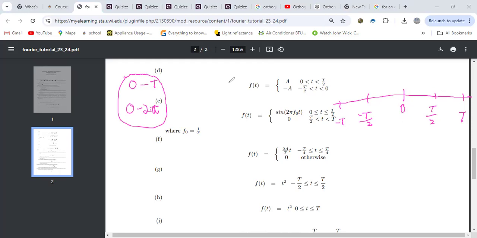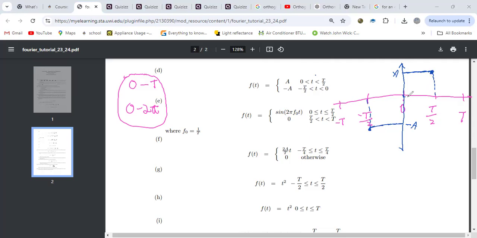With respect to what I gave you, from 0 to positive T on 2 is A. If you draw the y-axis, this will be A here, and you could probably do a dotted line to show where it ended. Then from 0 to minus T on 2, I'll draw the negative y-axis, it is minus A. So there's A and minus A. With respect to this shape, how she gave it to you, your period will be from here to here.